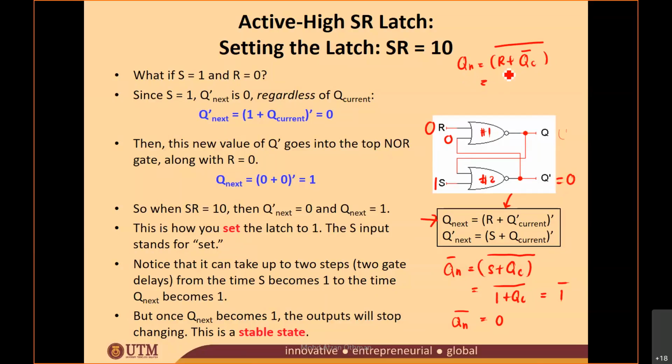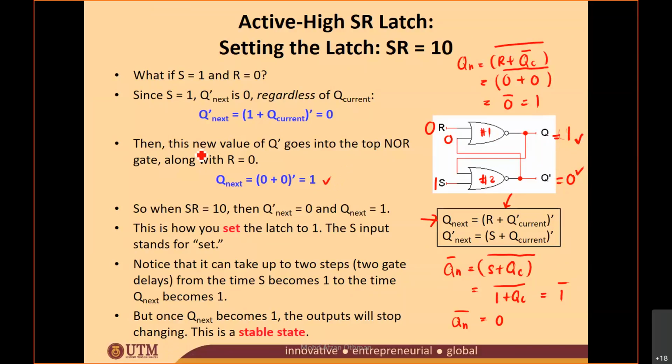R kamu ialah kosong, dan Q bar kamu pun kosong. Kamu tambahkan dia, and then after that you barkan, so kosong tambah kosong, you will get kosong. Kosong bar, kamu akan dapat 1. Which is betul lah sepatutnya, bila Q kamu kat sini 1, Q bar mestilah kosong.